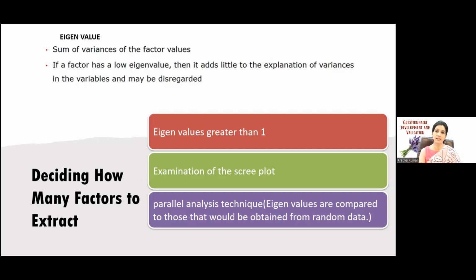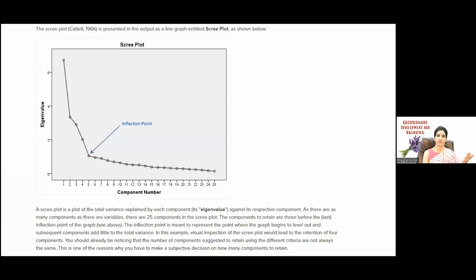And then there is the parallel analysis technique, which is considered superior to all these three. In parallel analysis, the software in the background calculates the eigenvalues of random data. It yields many sets, calculates the eigenvalues based on that data, and then compares the eigenvalues of your data with that random data. That's the parallel analysis technique.